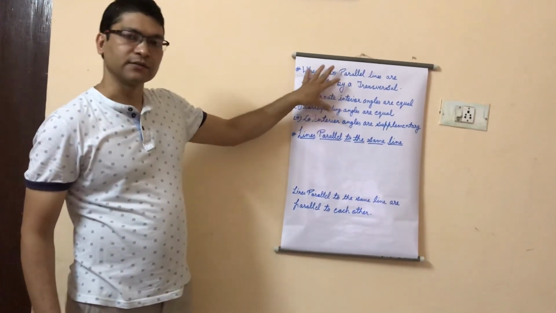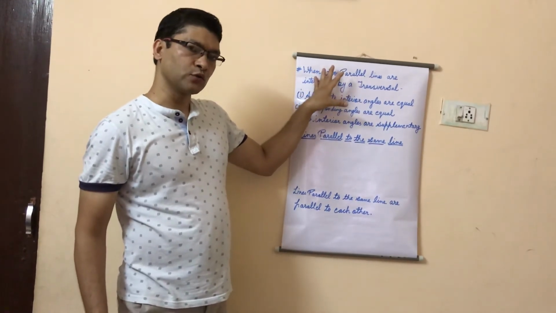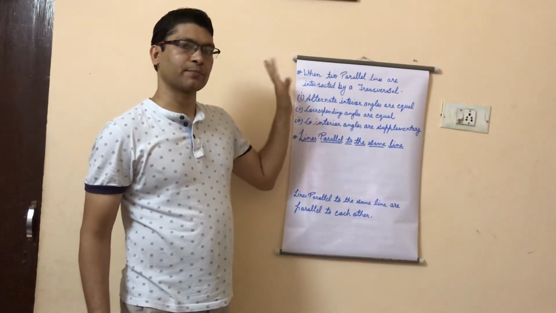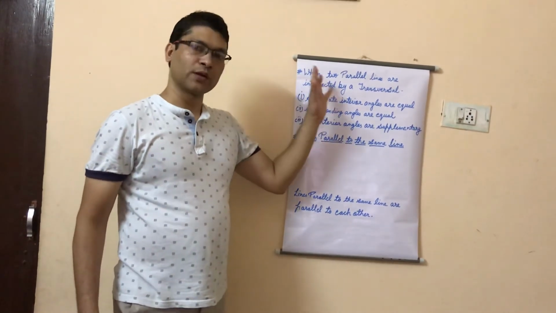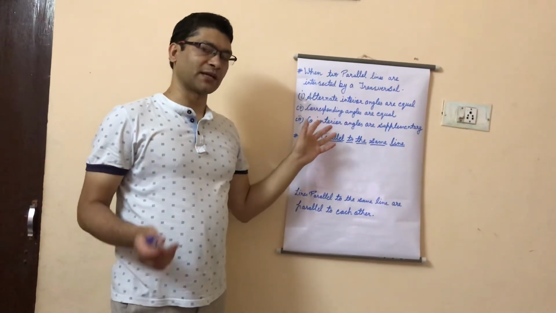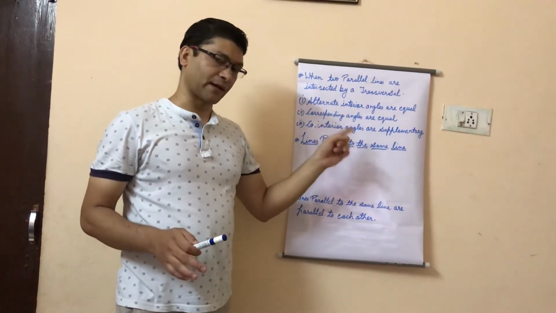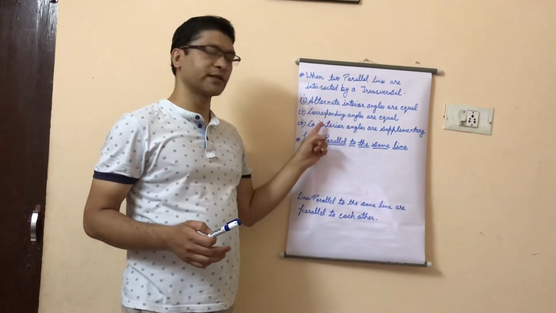And these rules are also used to prove any two lines parallel. For example, if I have two lines which are intersected by a transversal, but I am not given that the lines are parallel and I have to prove those two lines parallel, then any of these three rules can be applied.